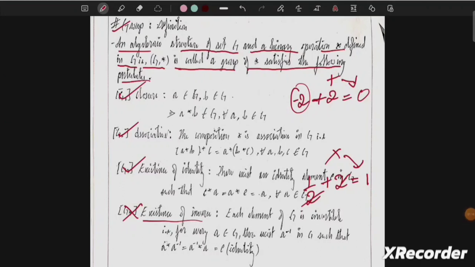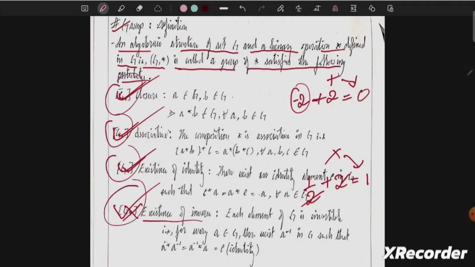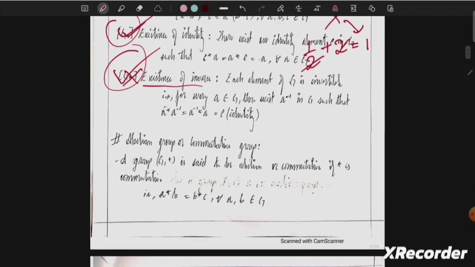To sum up, if a set satisfies the closure property, the associative property, there exists an identity element, and there exists an inverse element, then it is called a group. The next one is abelian group or commutative property.